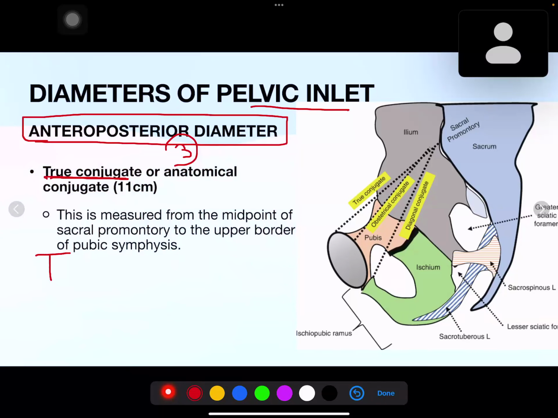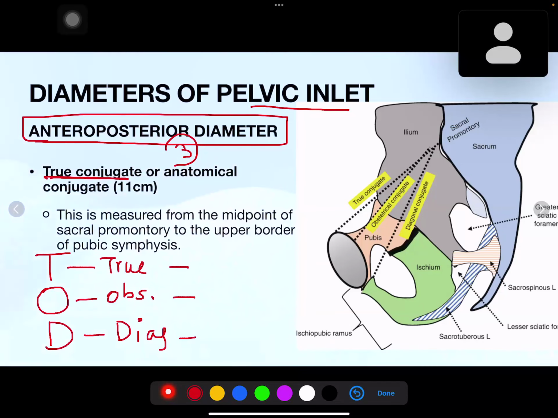Then it is called TOD. You have to remember. This is the true conjugate. Now, middle is 10, above is 12 and below is 12. Above is 11 and below is 12. Now, this centimeter is very important. You just have to remember this.